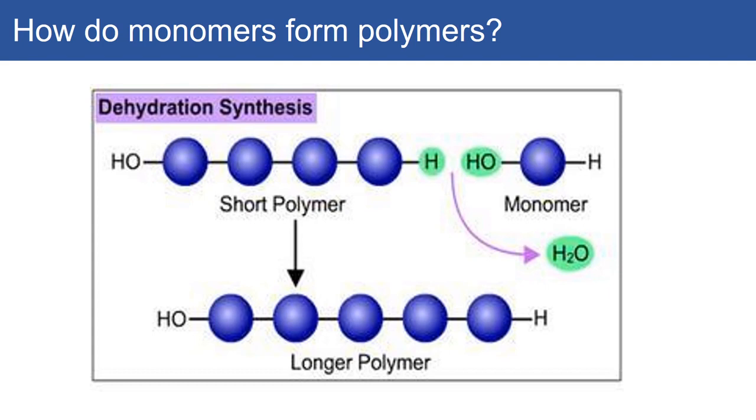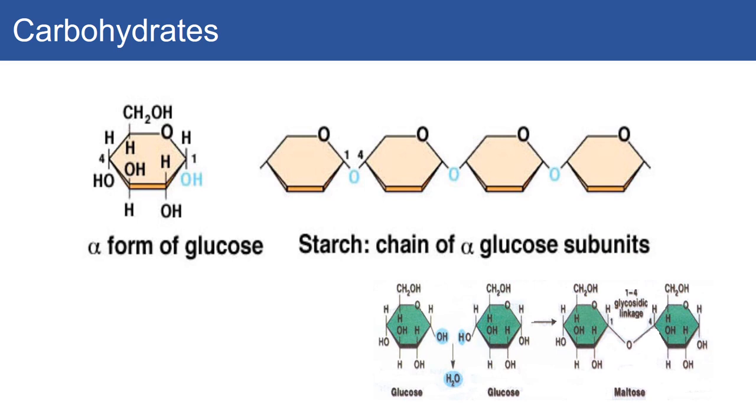The first example is a carbohydrate, where we take monosaccharides, commonly a ring, for instance glucose, or 5 or 6 carbon monosaccharides that are in a ring structure, and they're linked together with glycosidic bonds.